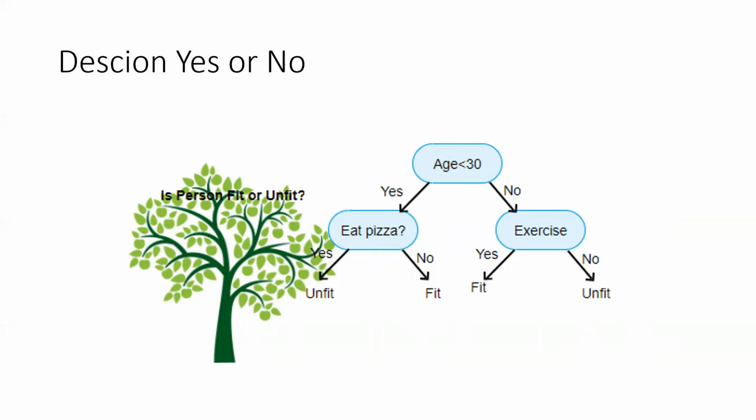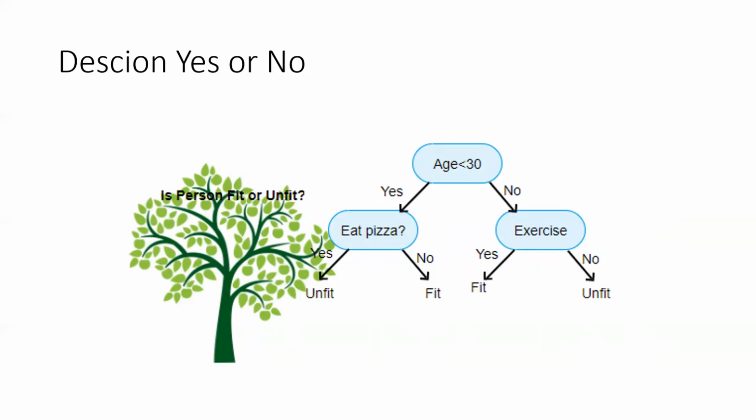Simple, yes or no. Are we going to run a campaign for this person or are we not? Yes or no. If you have to reach that kind of an analysis, you use something like decision tree based algorithms.